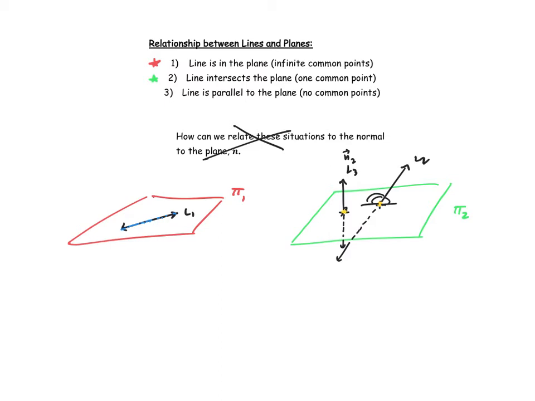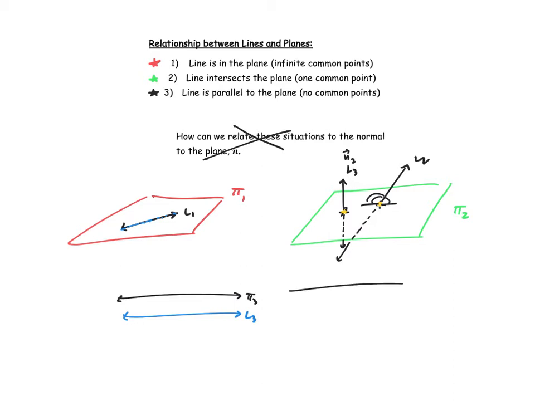The third scenario, and very clearly, is that you could have a line and a plane be parallel. So I'm actually going to draw the plane as if we're looking at it as if it looks like a line, really. So I'm looking at the side profile of that plane, and here I've got myself a line. We could call it L3, and there's no intersection of the plane and the line.